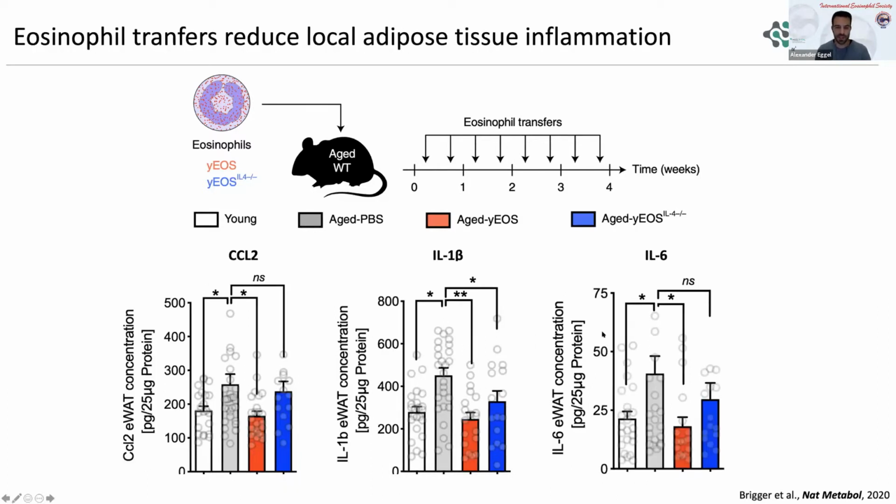If we look at the local tissue inflammation, all markers that we assessed here, so CCL2, IL-1 beta, and IL-6, were decreased upon eosinophil treatment, basically down to the level of a young animal. For IL-1 beta, this was not IL-4 dependent, but for the other 2 factors, we definitely had an IL-4 associated effect.